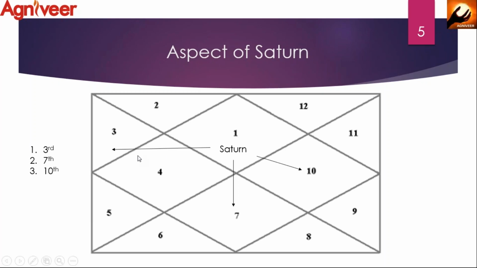Now let's say Saturn is placed in the fourth house. It will aspect the sixth house. The sixth house, as I said, is the house of loans that you take, or your employment. And the fourth house is the house of mental satisfaction. Let me give an example.